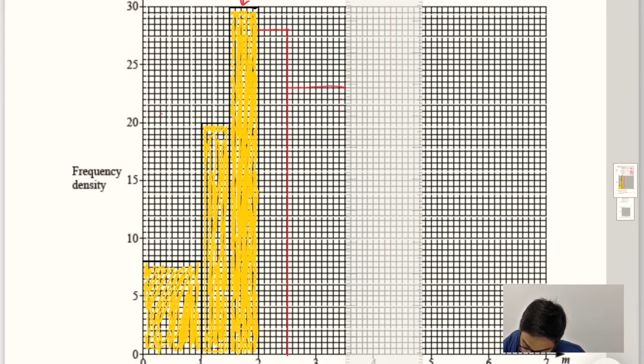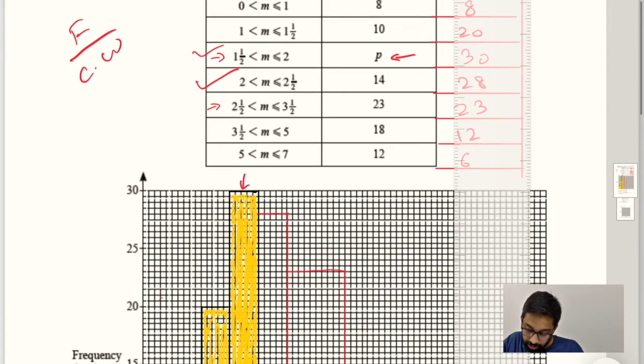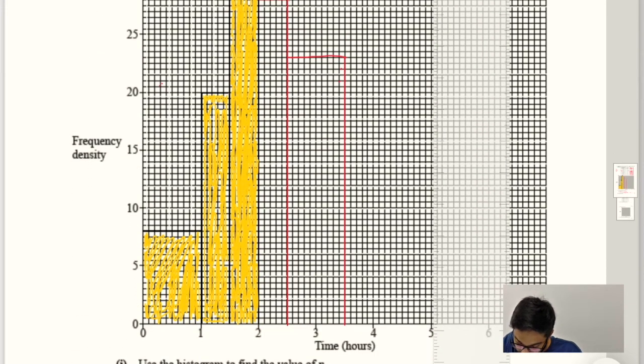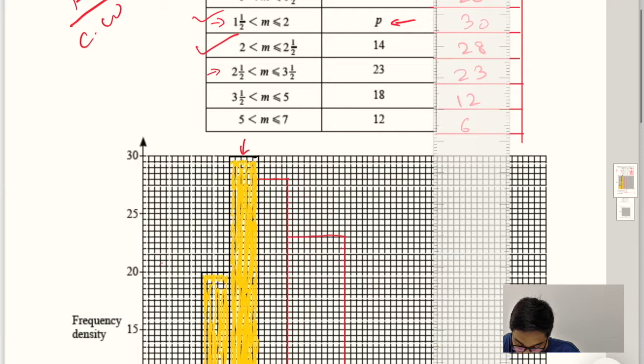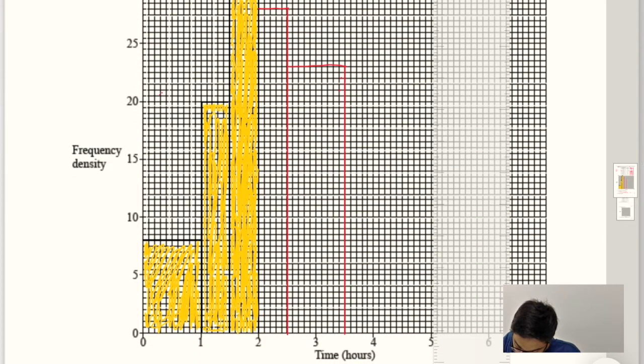Excellent. Perfect. So you draw it right there. I hope this is visible. The next part is 3.5 to 5. So we draw it here and it is going to be 12. So if this is 10, this is 11 and this is 12. So you draw a line right there and you draw a vertical line there.